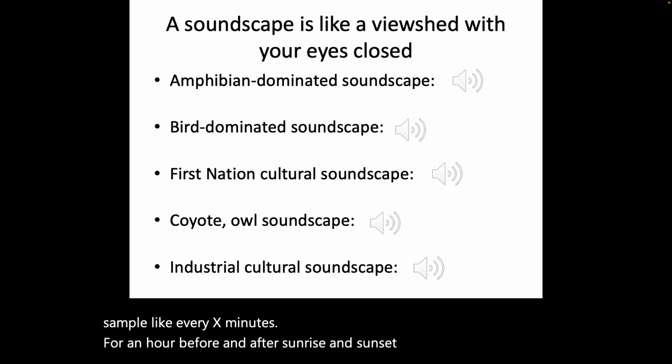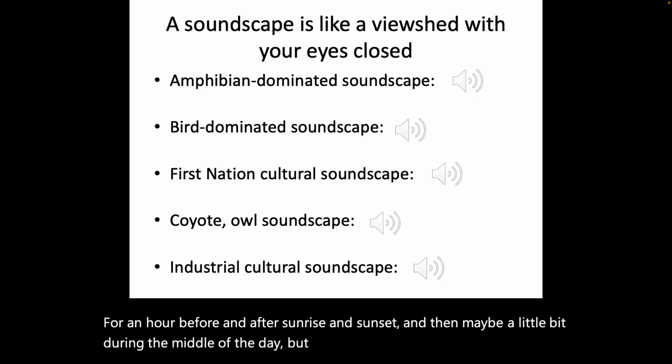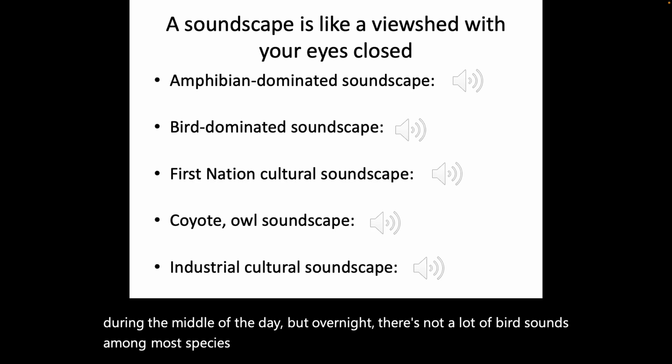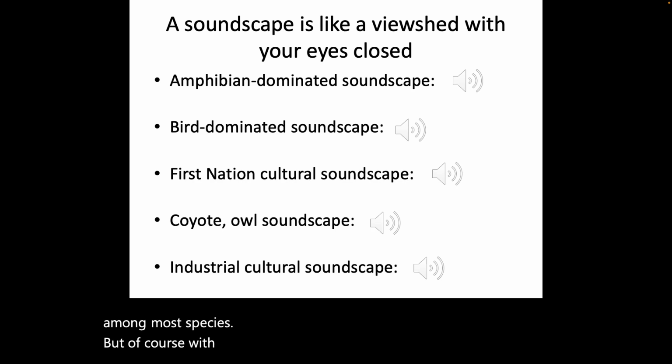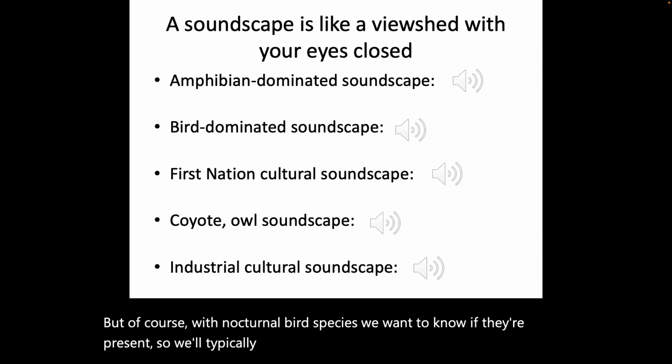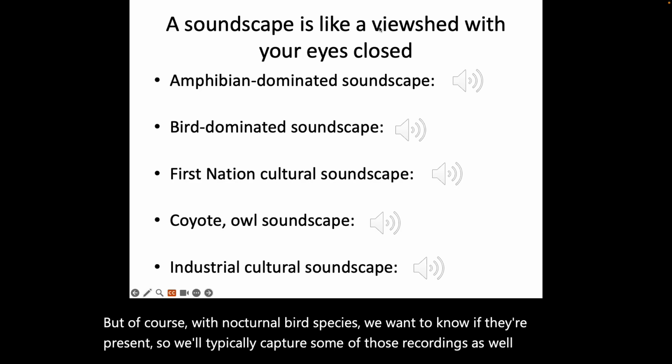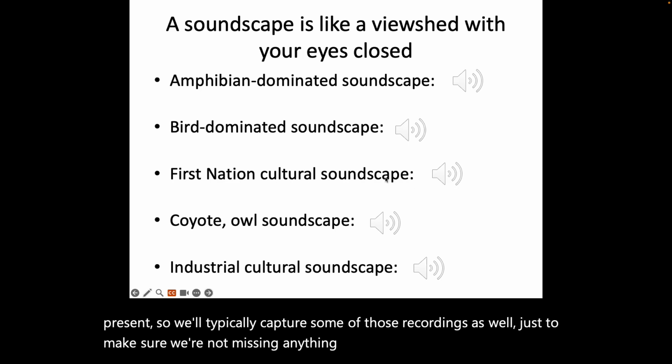And then maybe a little bit during the middle of the day, but overnight, there's not a lot of bird sounds among most species. But of course, with nocturnal bird species, we want to know if they're present, so we'll typically capture some of those recordings as well, just to make sure we're not missing anything by sampling improperly.